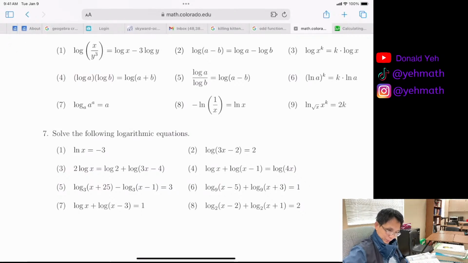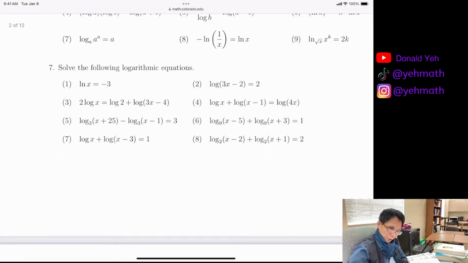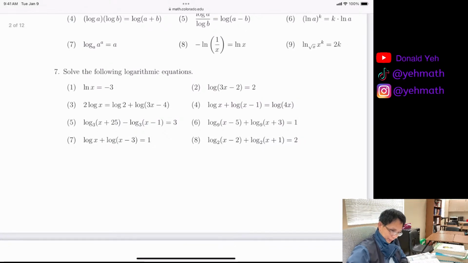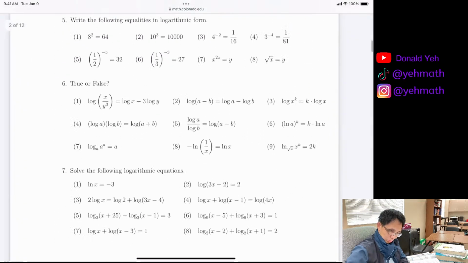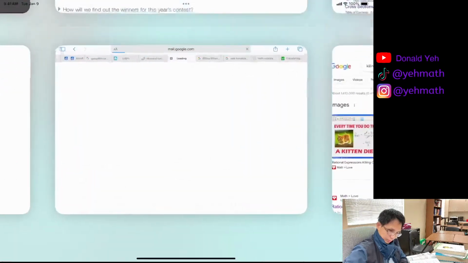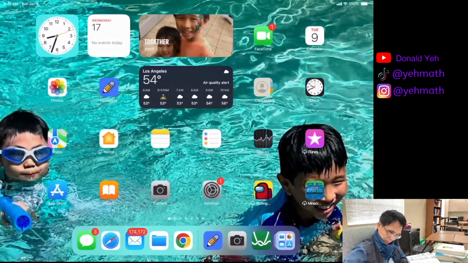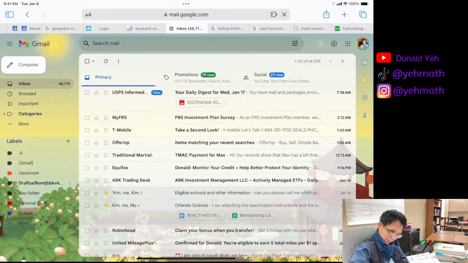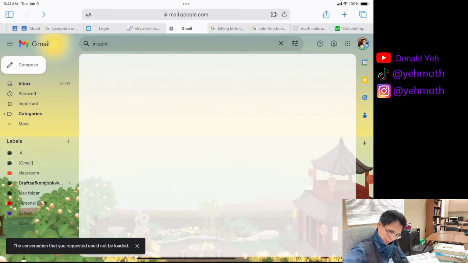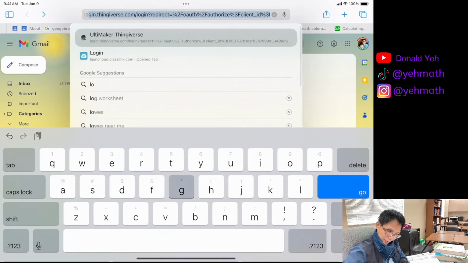Do you guys know the properties of log? Wait, where is my log worksheet?